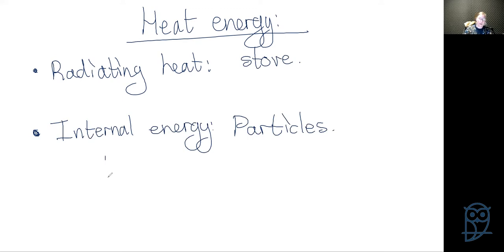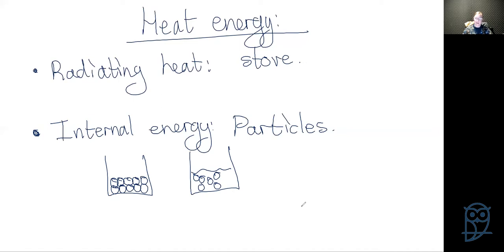You guys probably remember these kinds of sketches where you had to draw a solid and it had all of these particles sort of densely packed like that. And then you had a liquid where the particles are slightly looser and can sort of move past each other in some ways. So this is basically the particles inside of a substance's energies. We call this the internal energy of something. It's literally all of the energy of the particles inside it.